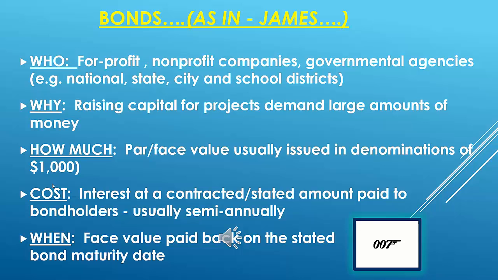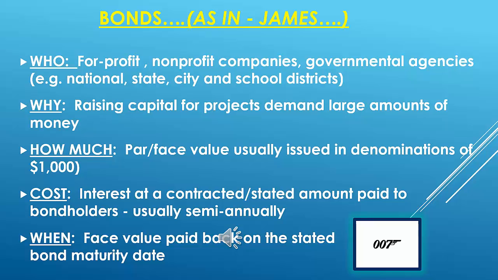So let's talk about bonds. Bonds are instruments that a company uses, again, to raise money, and these are companies, either profit, not-for-profit, or government. You can think of Caltrans issuing these bonds to be able to fund building new roads, fixing roads, building bridges, overpasses, and new intersections, that kind of thing.